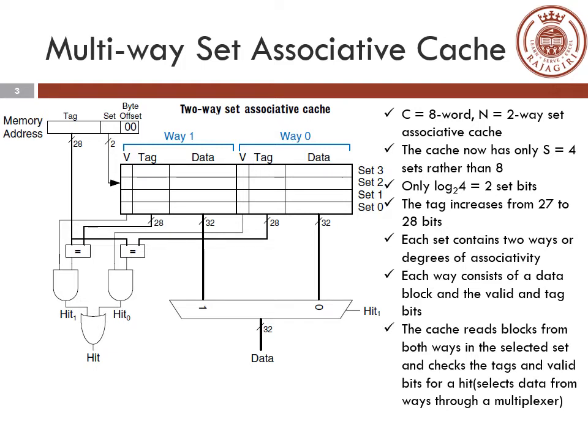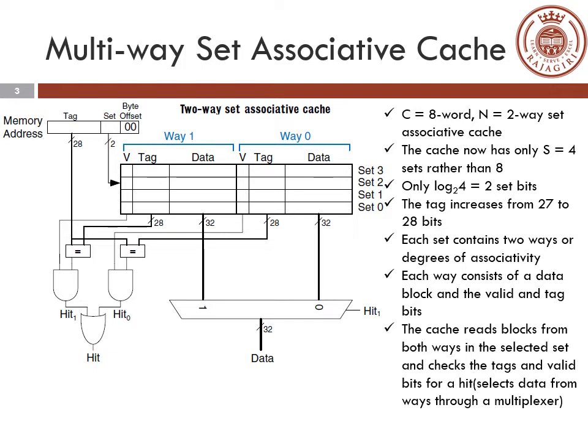In this example you are going to have 4 sets: set 0, set 1, set 2 and set 3. In order to represent these 4 sets you need 2 bits. So the set field has 2 bits, and the tag is of size 28 bits. In the previous direct map example, the tag was of size 27 bits. Right now the tag is of size 28 bits.